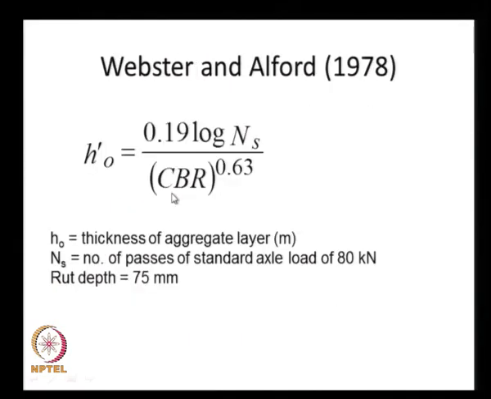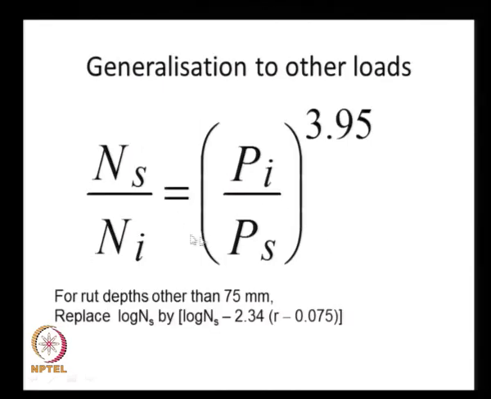and this particular equation is very restrictive, because this is only considering a standard axle load of 80 kilonewtons, and Webster and his co-workers have given an extrapolation for other wheel loads.